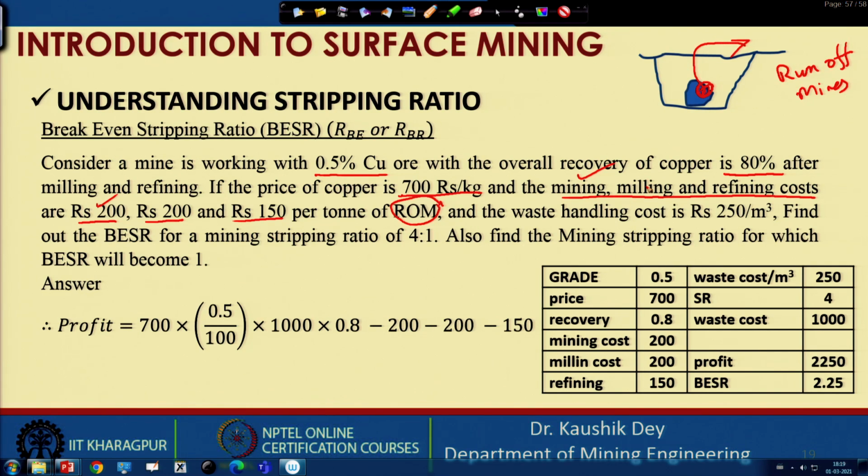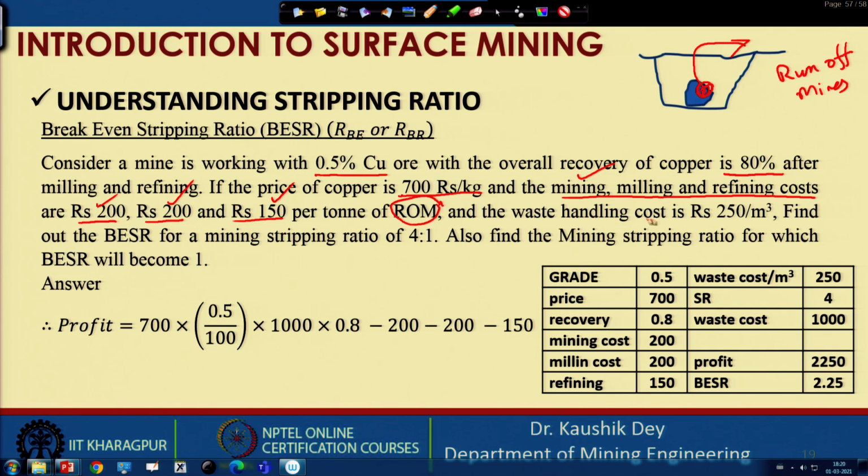The treating cost of 1 ton of run of mines, the refining cost of that is rupees 150. That means, suppose run of mine is 1 ton, from here you are getting some portion, say 0.8 ton, coming to the mill, and then the output of the mill is subjected to refinery, then that cost is basically considered here.